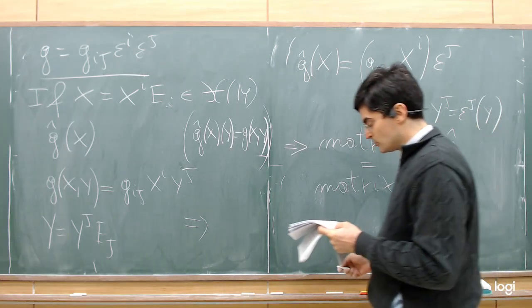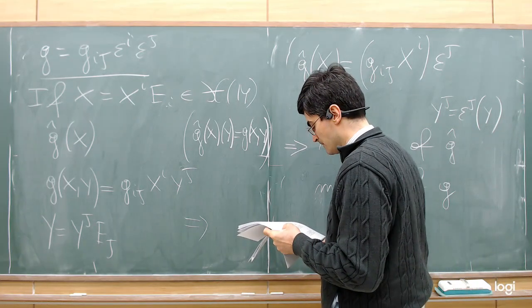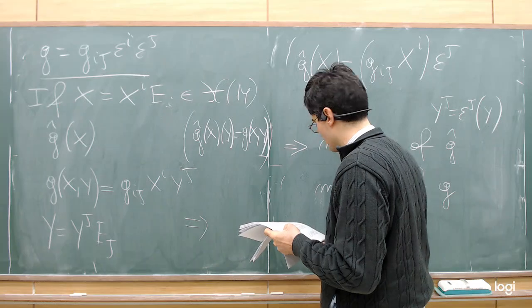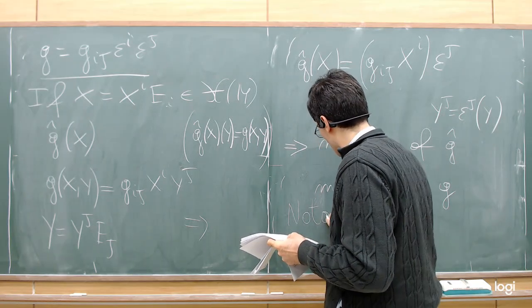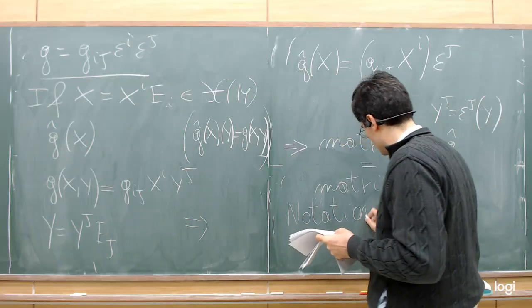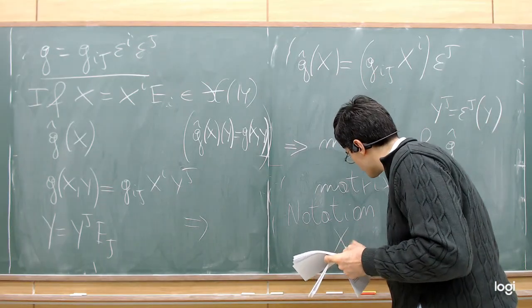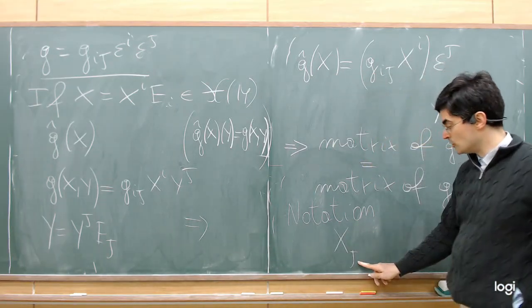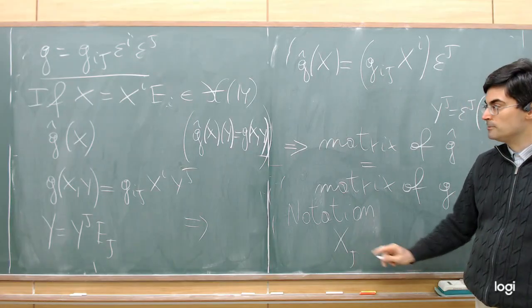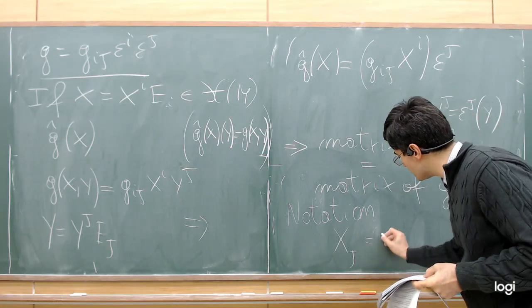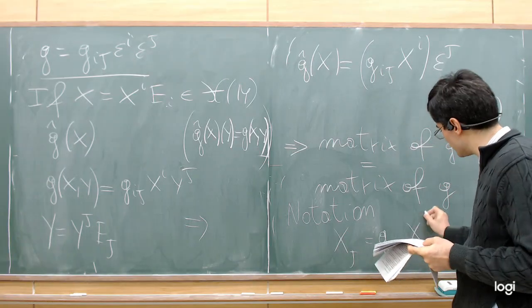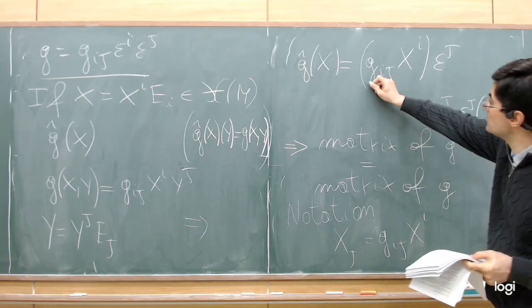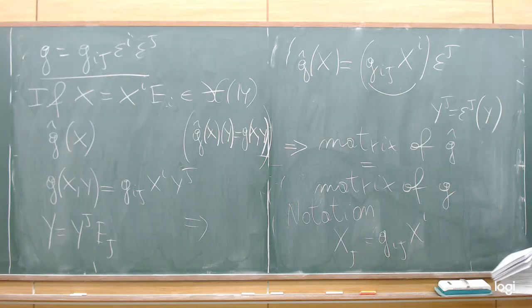Now let's introduce the following notation. X_j with the index on the bottom is G_ij X^i.